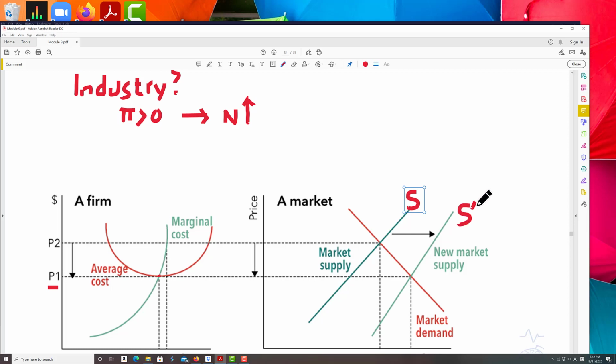As entry occurs, more firms enter the market, the supply curve shifts to the right. This rightward shift continues until price falls to the minimum of long-run average cost, and that is when entry stops.